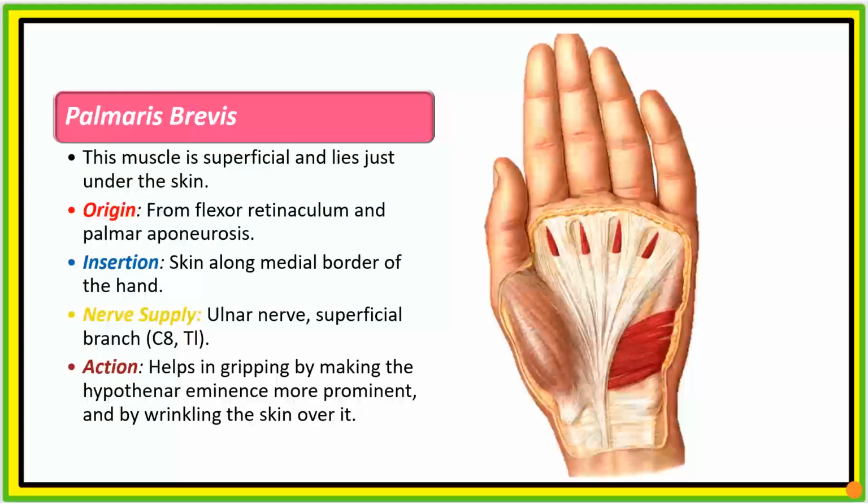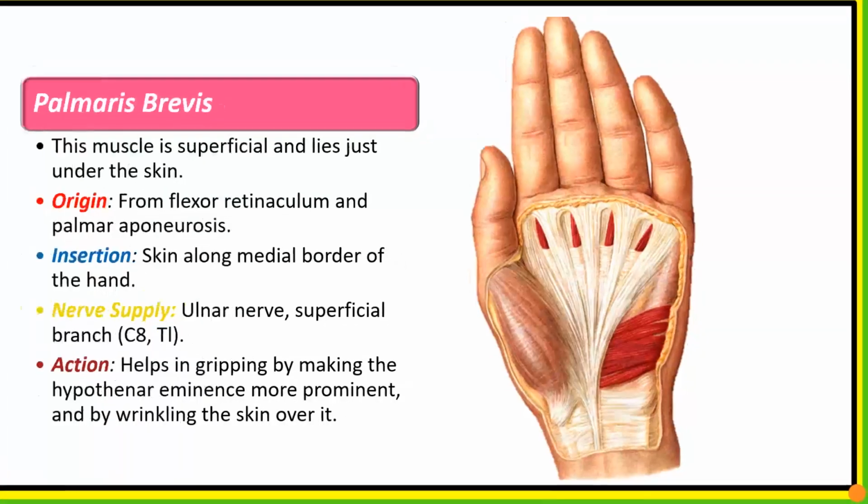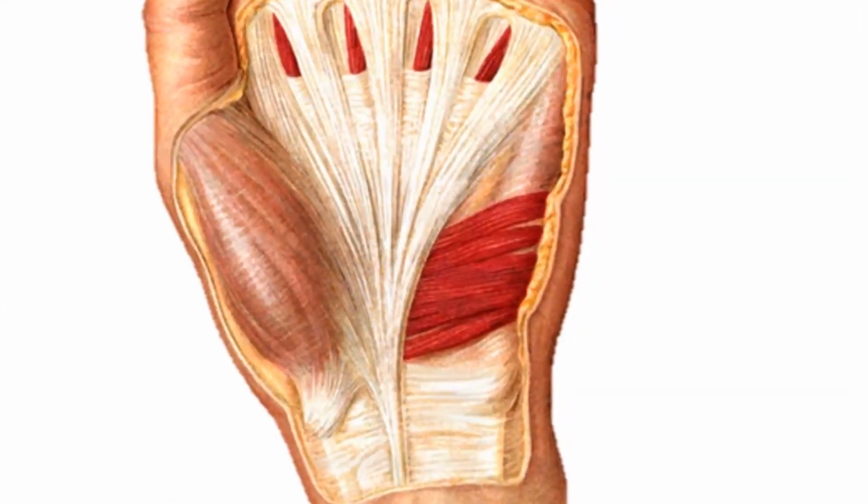We'll start with the Palmaris brevis. Here again is the Palmaris brevis. Recall that we said it is a subcutaneous muscle found on the medial side of the proximal part of the palm. For its origin, it picks origin from 1, the Flexor retinaculum, and 2, the Palmar aponeurosis.